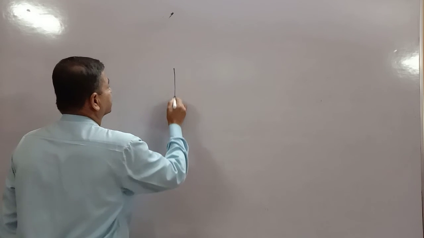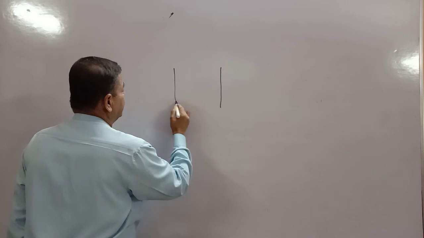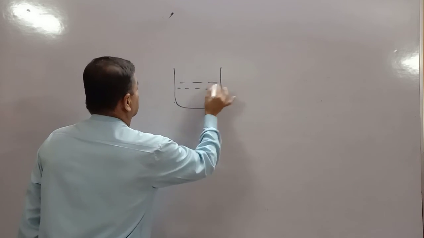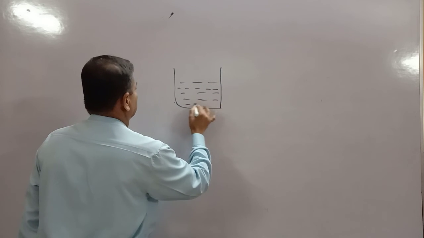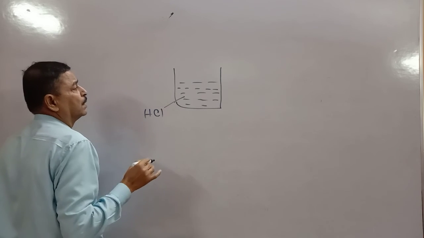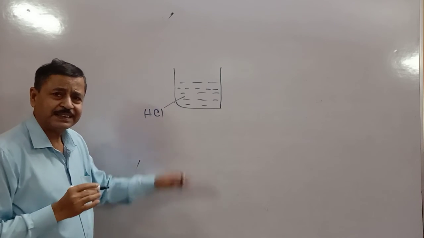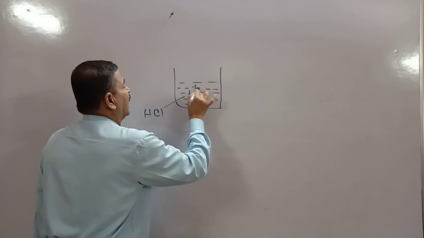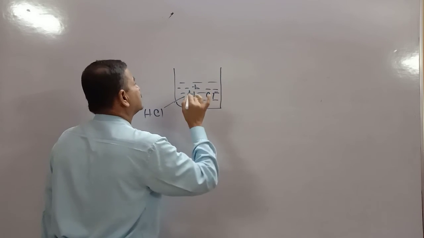We take a beaker and put HCl. We know that when HCl dissolves in water, it dissociates into hydrogen ions and chloride ions.